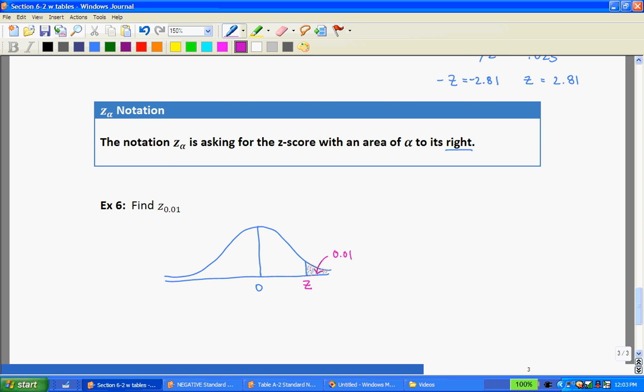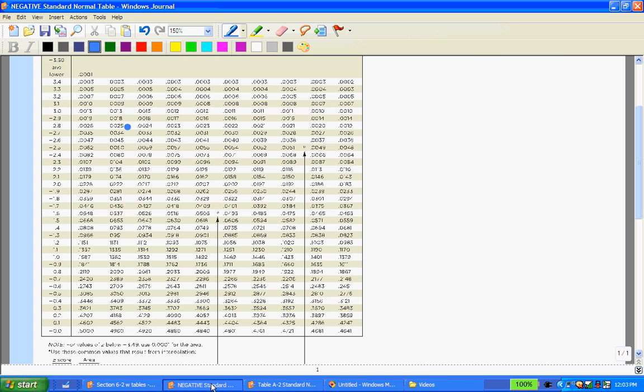Again, remember our tables tell us areas to the left, but because the curve is symmetric, I can just look up the negative values. So I'm going to look on my negative chart and try to find something as close to 0.01 as possible. Right here we're looking pretty good. 0.0099, that's pretty close, and 0.0102, that's pretty close.